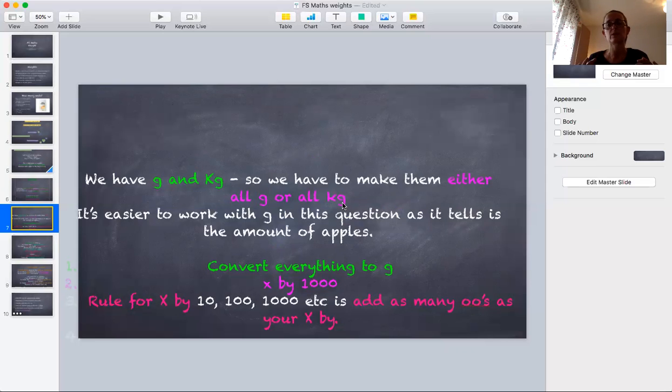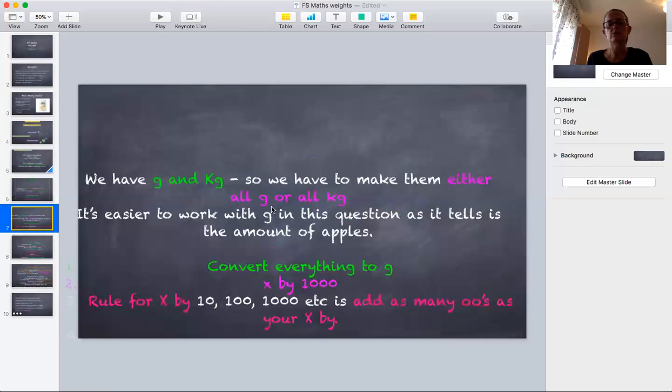There's also another piece of advice, not a rule. In this instance, it's easier to work with grams because the grams in the question tells us the amount of apples. There can be both of those things. But for a non-calculator paper, it's often better to deal with things in zeros, the smaller one. But you'll gain confidence as you go on.